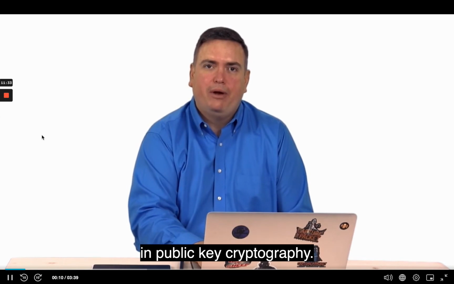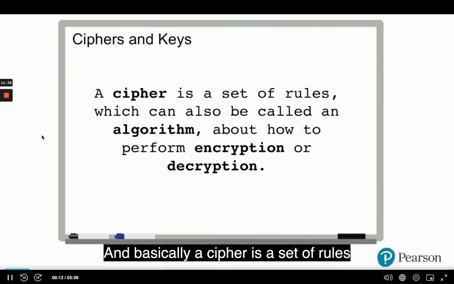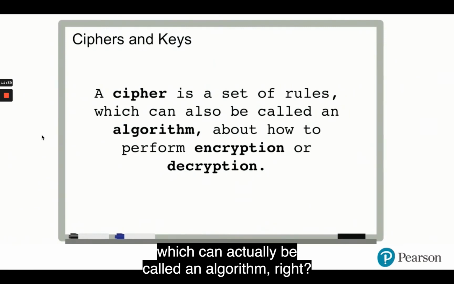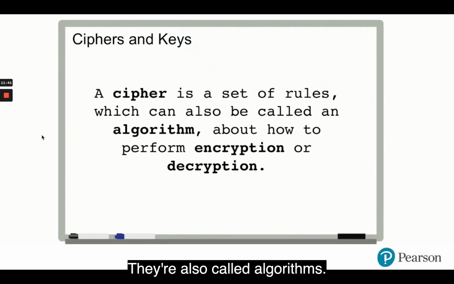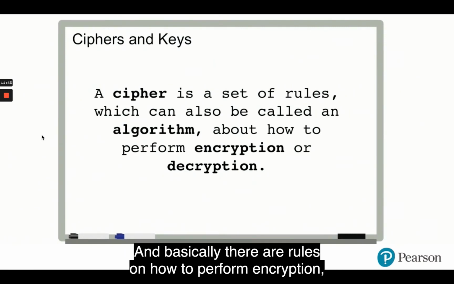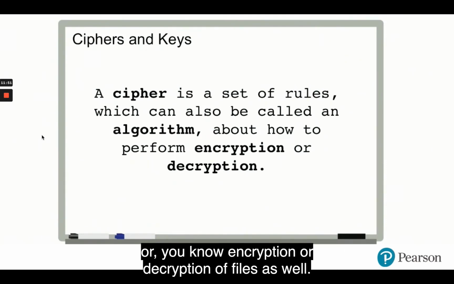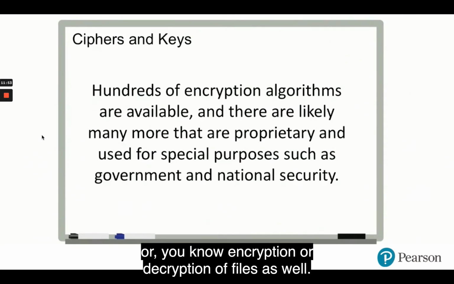In public cryptography, a cipher is a set of rules which can be called an algorithm, right? They're also called algorithms. And basically, they're rules on how to perform encryption or decryption of packets, emails, or files as well.